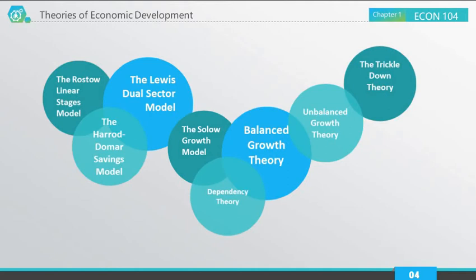So, dito naman po sa ating unbalance, theories argue that sufficient resources cannot be mobilized by the government to promote widespread or, let's say, coordinated investment in all industries.